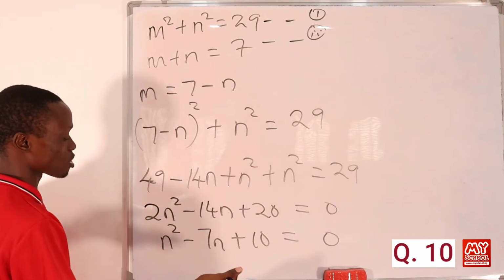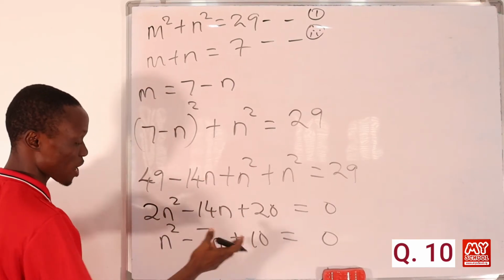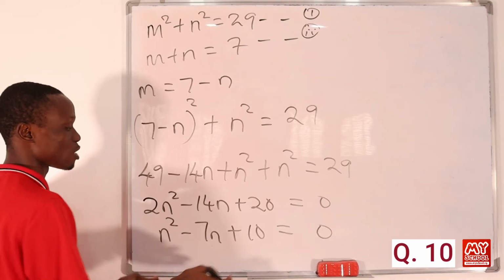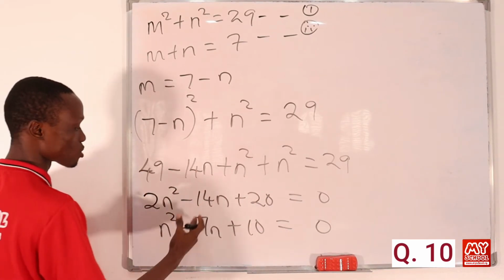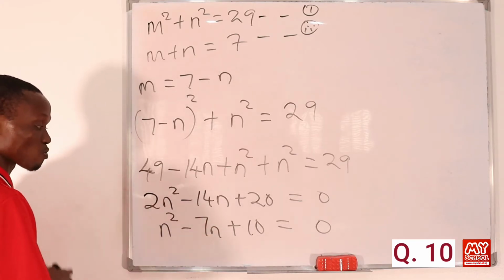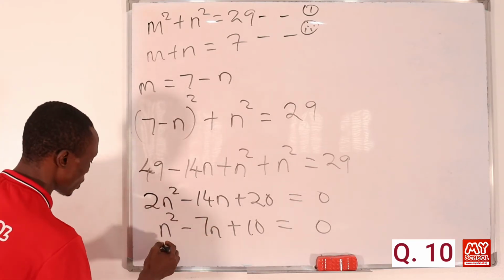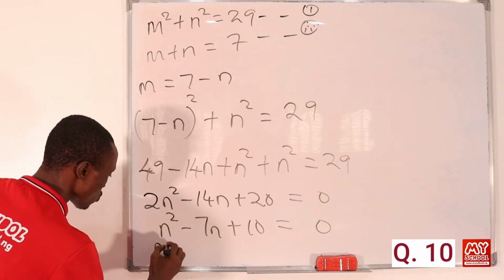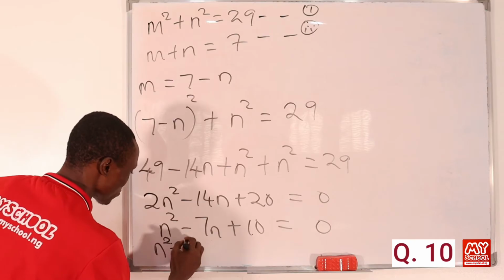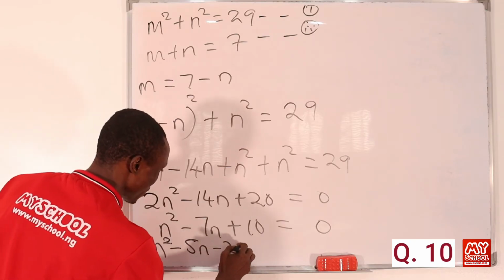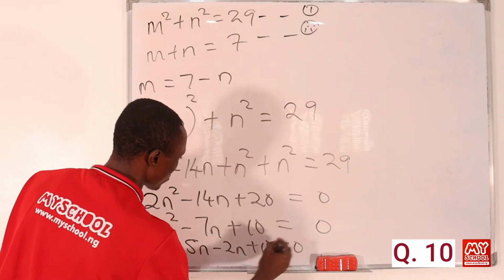Okay, so here we'll simply look for two factors of 10 that if we multiply them together it should equal 10, and if we add them together it should equal minus 7, and that will be minus 5 and minus 2. Okay, so n squared minus 5n minus 2n plus 10 equals 0.